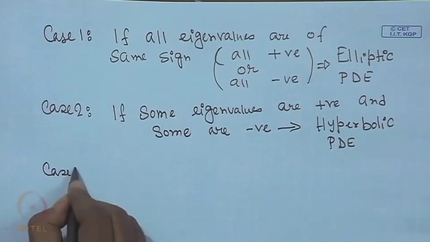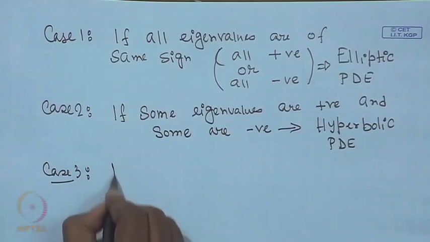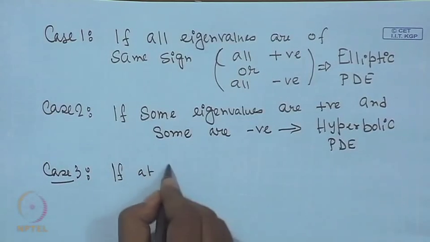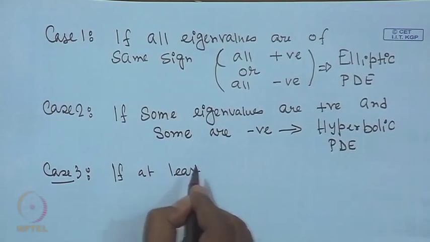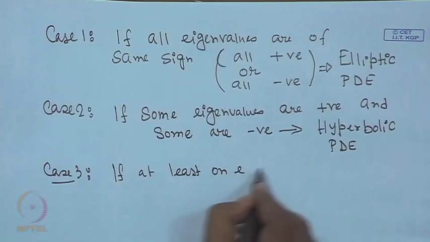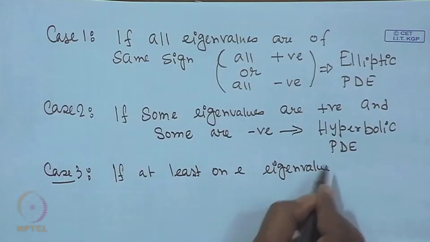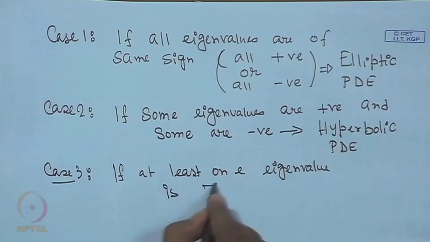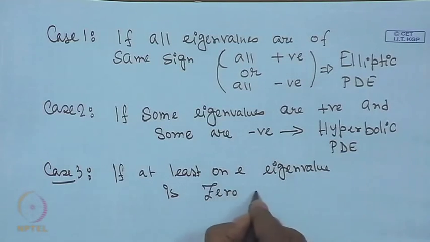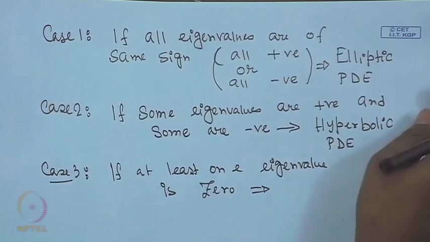Case 3 is that if at least one eigenvalue is 0, then we call this a parabolic partial differential equation.